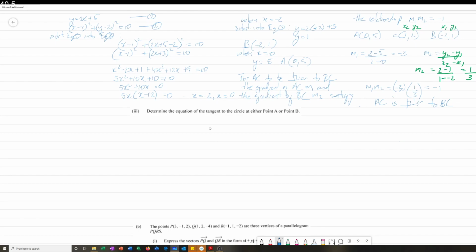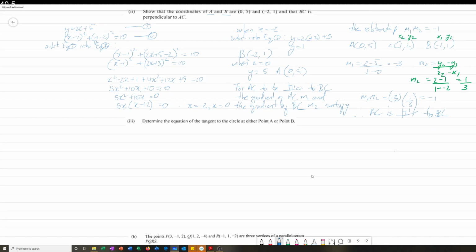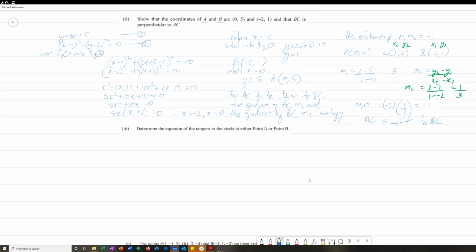So part 3 says determine the equation of the tangent to the circle at either point A or point B. So we want the equation of the tangent for the circle. So let's look at point A. So I would like to use point A. Why do I want to use point A?